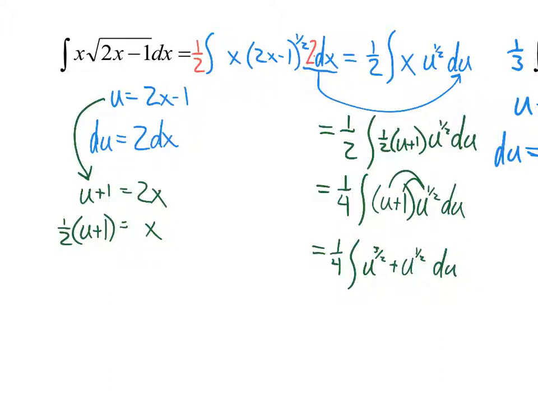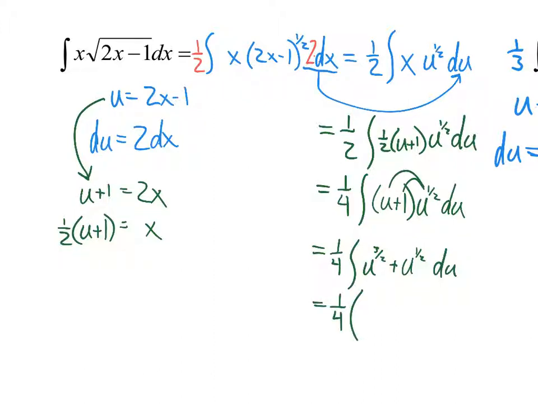Okay? And that's the same thing we were doing earlier in the previous unit, when we were just starting with the rules. If you had something that you weren't able to integrate because it was a product or something, you just tried to simplify it to something that you did have a rule for. And now we have something that we can use the power rule for. Okay?